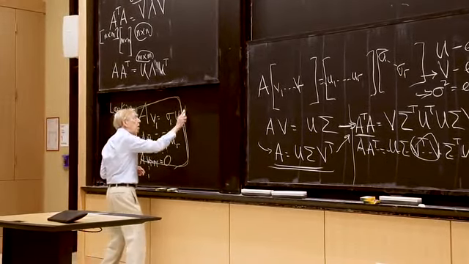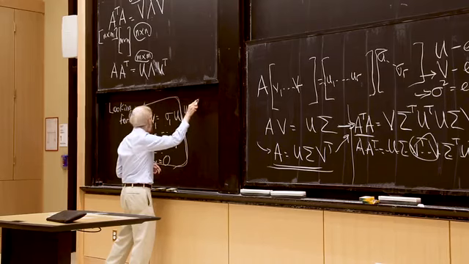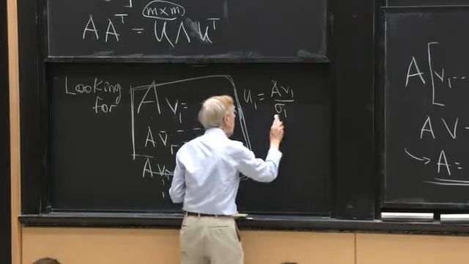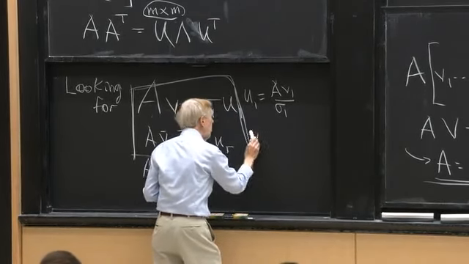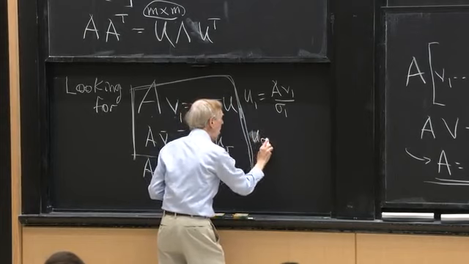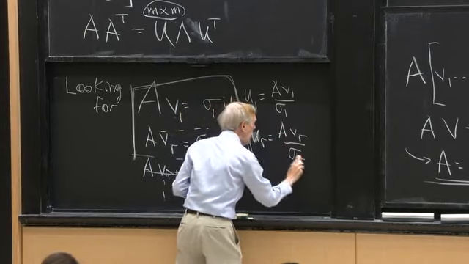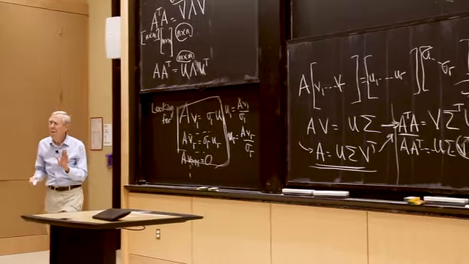So U1 is A V1 over sigma 1, up to Ur is A Vr over sigma r. Do you see what I'm doing here?